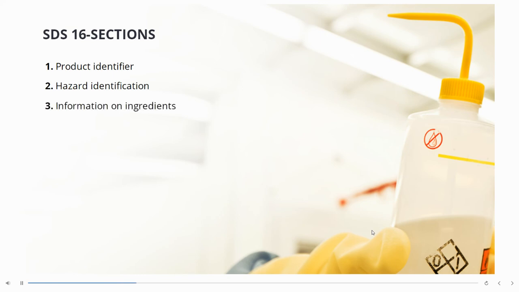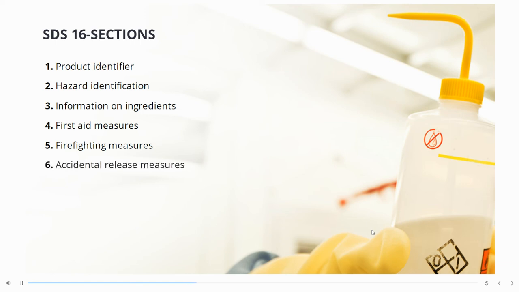The 16-section format includes specific information on 1. Product identifier, 2. Hazard identification, 3. Information on ingredients, 4. First aid measures, 5. Firefighting measures, 6. Accidental release measures, 7. Handling and storage, 8. Personal protection, 9.